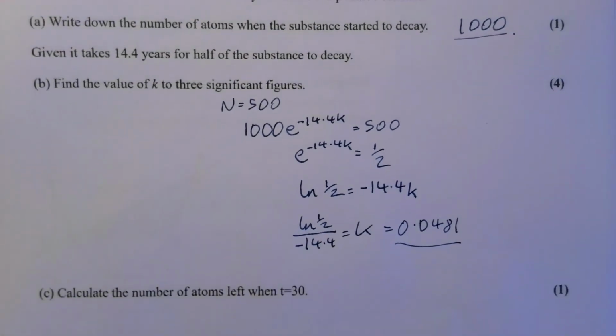And then all we need to find out is how many atoms are left when t equals 30.